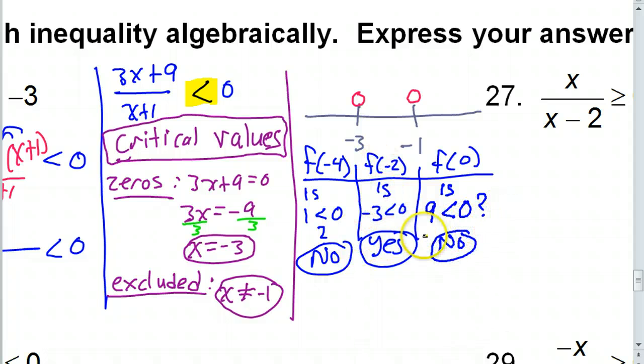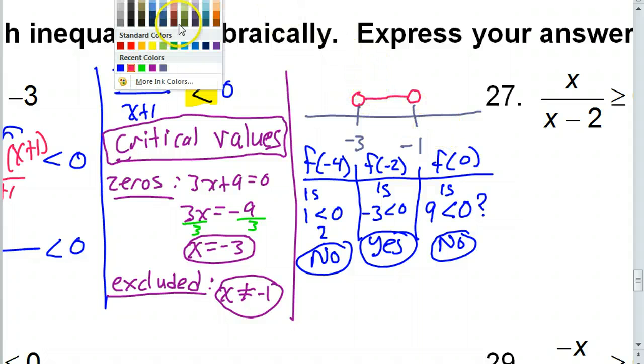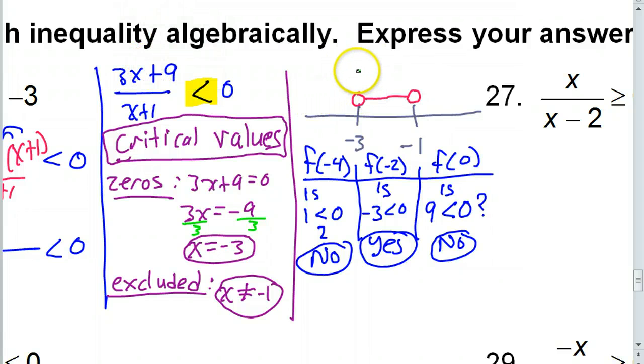So the yes indicates where my solutions are, which in this case is between the critical values. So I will go ahead and fill that in. This is the graph of my solutions, and now I should write the interval notation, which is going to look an awful lot like an ordered pair, (-3, -1), but this means from -3 to -1.